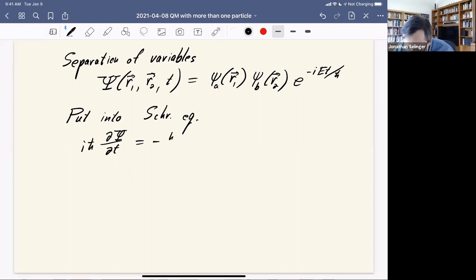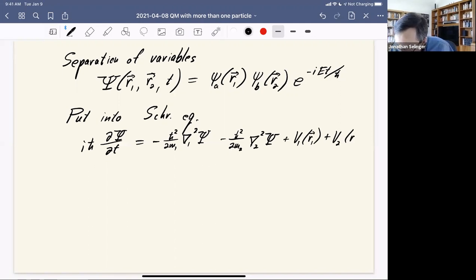Okay, so the Hamiltonian is minus h bar squared over 2m1 times the Laplacian with respect to coordinate 1, and then minus h bar squared over 2m2 times the Laplacian with respect to coordinate 2, and then plus V1 of R1 plus V2 of R2, each of those things times psi.